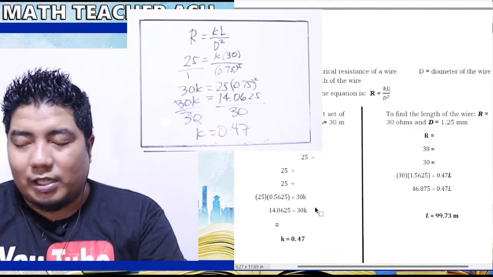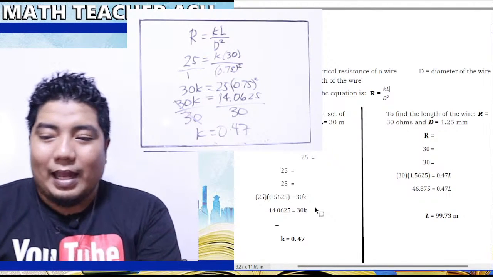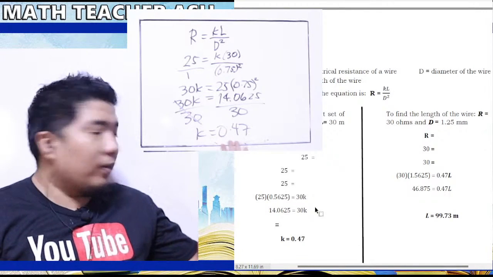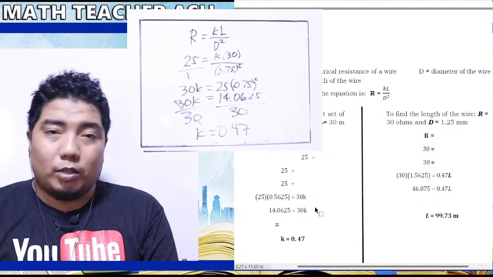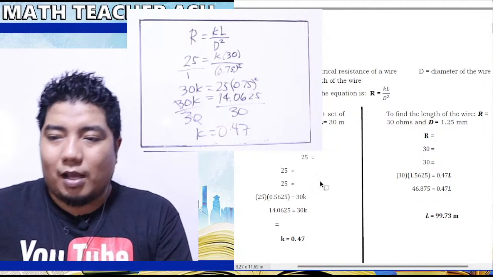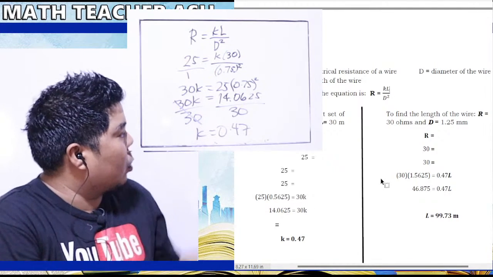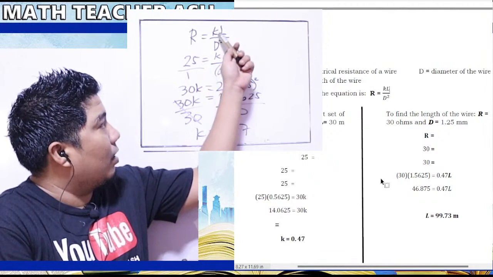Okay, so question, did we answer the problem? Not yet, my dear math learners. So, ang gagawin mo lang dito is this 0.47, you will now write it to another formula, which is the R is equal to KL over D squared. So, yung K mo dito magiging 0.47.